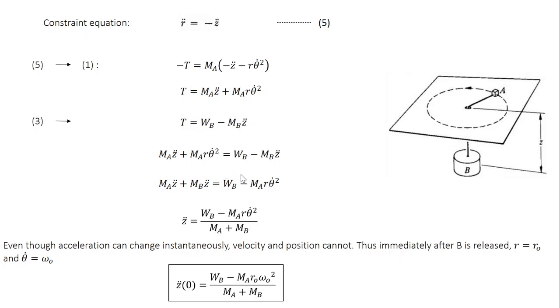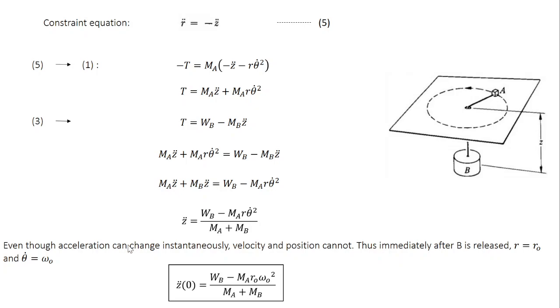And what's our aim? Our aim is to calculate the acceleration of the block, which is nothing but Z double dot. So from this equation, Z double dot is WB minus MA R theta dot square divided by MA plus MB. Now we are asked to calculate the acceleration at time t equal to 0 when the block B is detached from the rope.